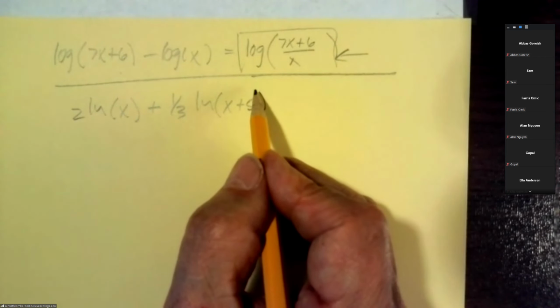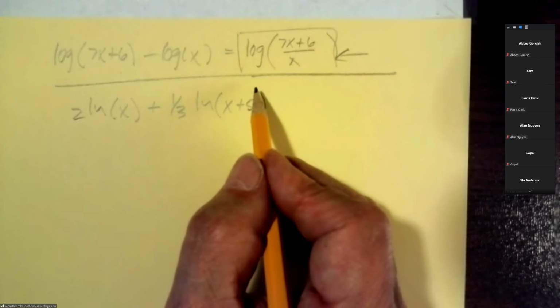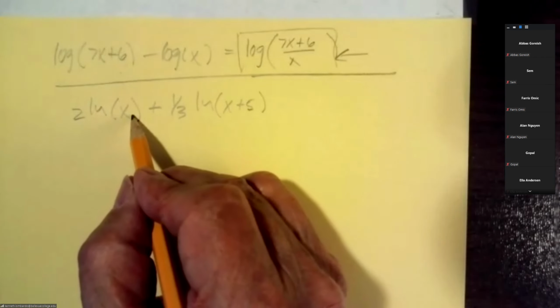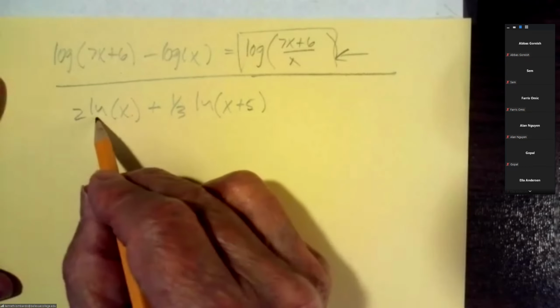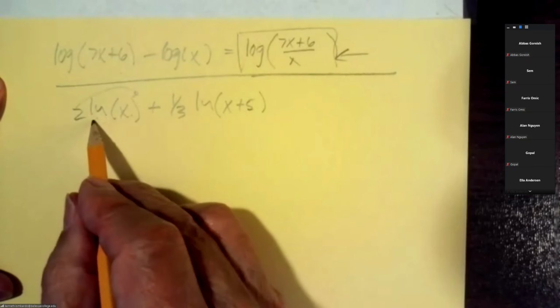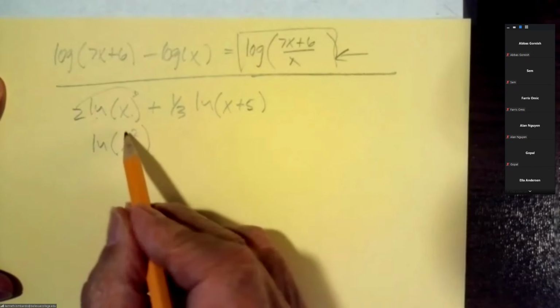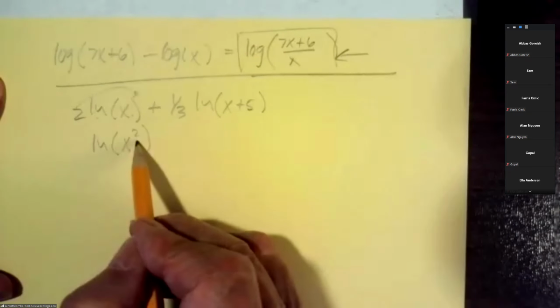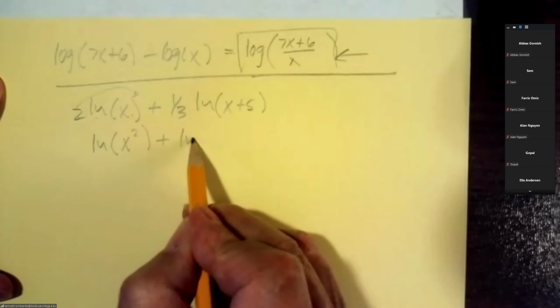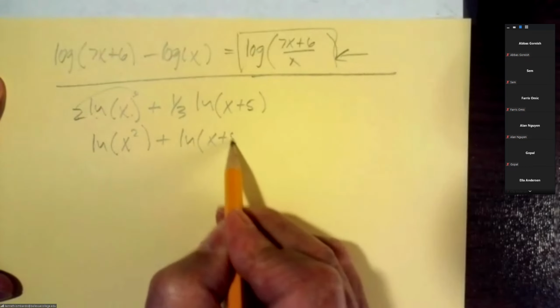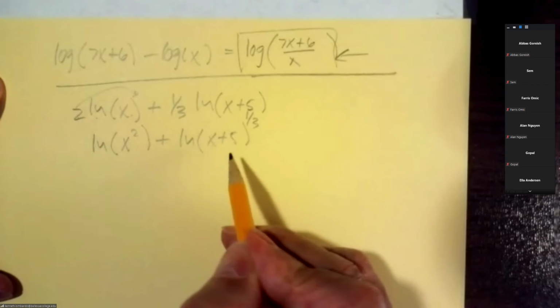And I'm asked to condense those. And say, well, let's see. This first one looks like the natural log of x squared, when this multiplier becomes an exponent, plus the ln of x plus 5 to the 1/3.